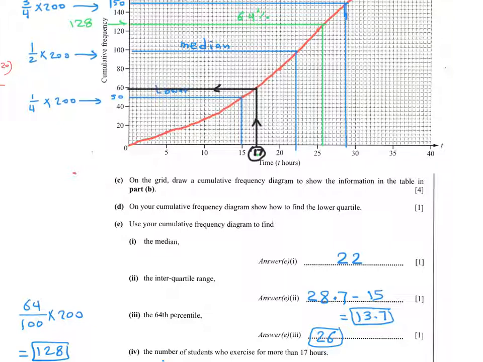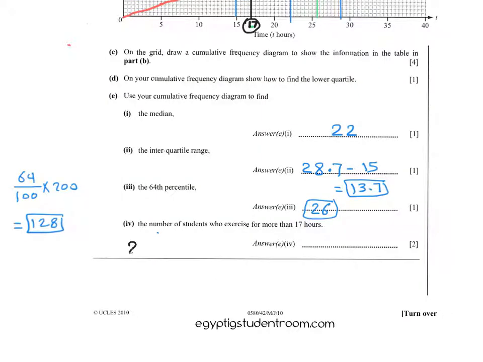So 58, if I need less than, I take 58 directly, but I need more than. So 200 minus 58 equals 122, because more than. If I need less than, 58 directly.